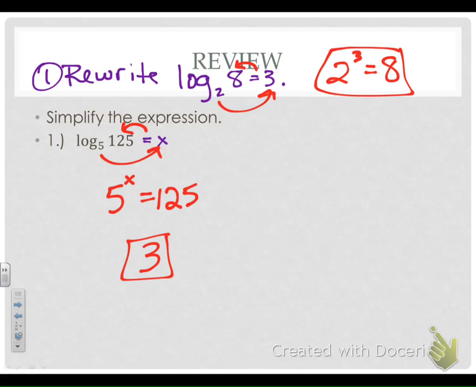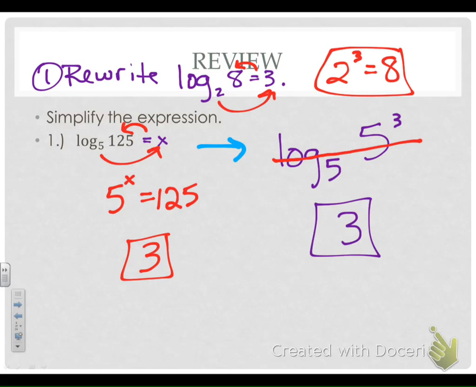Or another route: 125 is 5 cubed, and using the property that log base 5 of 5 to a power, they undo each other, and you're left with 3. Both strategies work. I'm going to stick to this one a lot more since we'll use it to graph.